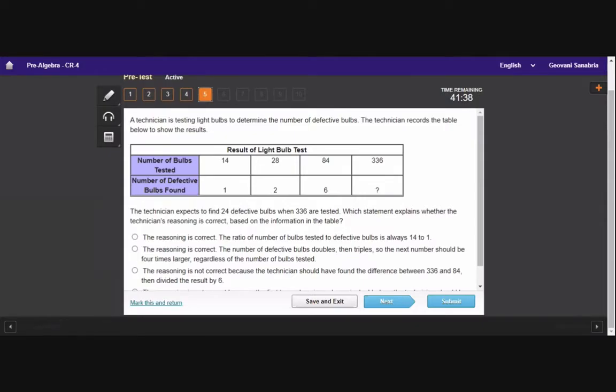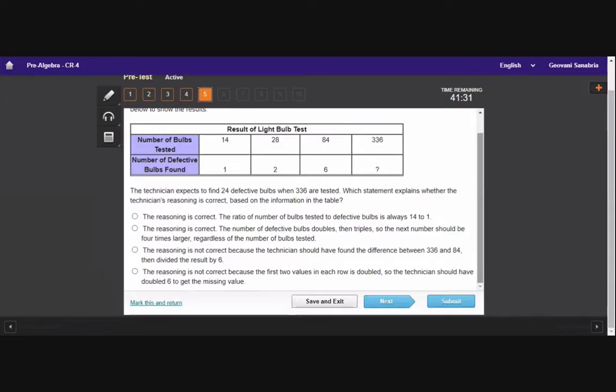Which do you think? Let me go through them. I don't think we see the last one, right? The reasoning is correct. The ratio of number of bulbs tested to defective bulbs is always 14 to 1. The reasoning is correct. Number of defective bulbs doubles.